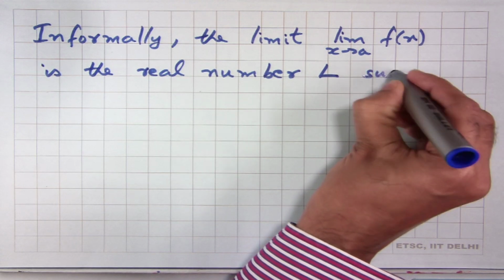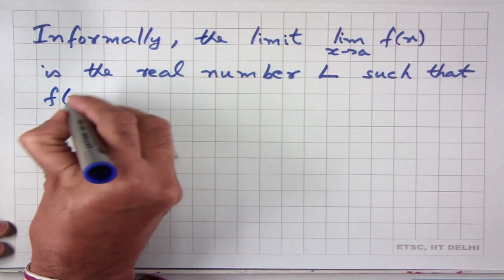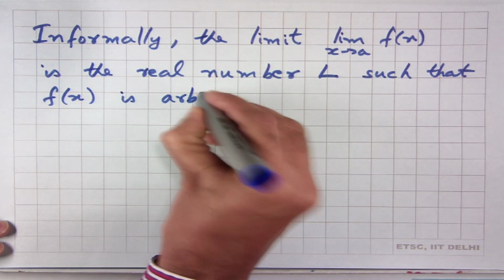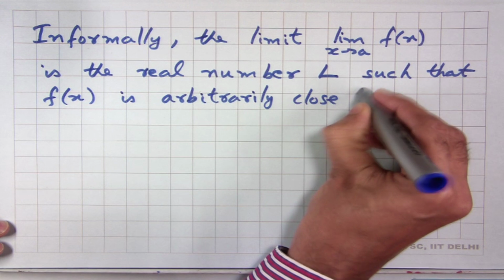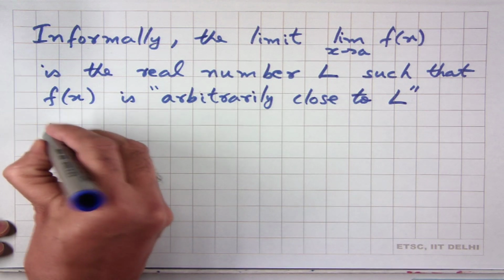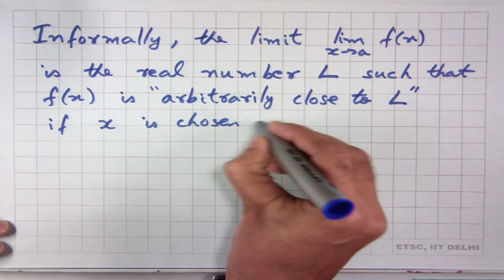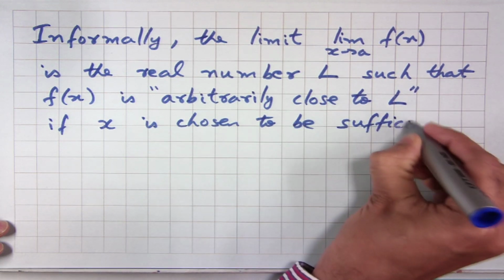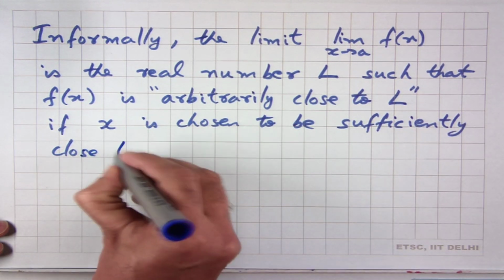such that f x is arbitrarily close to L if x is chosen to be sufficiently close to a.